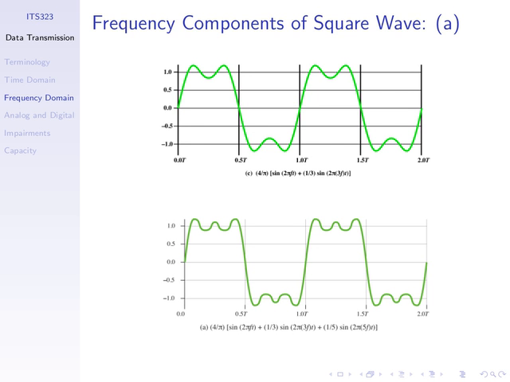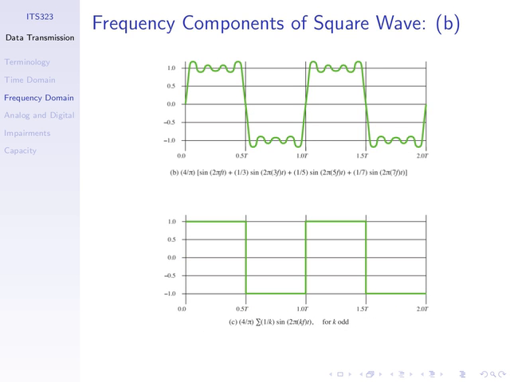Our signal in both cases, we use this general form of the equation where we had 2 components. What happens if we use 3 components? What's the difference? Why do we care about 2 components and 3 components? We can think the more components here, the more accurate the signal is. Remember, we're using this to represent a bit 1 and this a bit 0. The ideal signal is this one, where bit 1 is represented by a signal that is always at the level 1 and bit 0 always at -1.